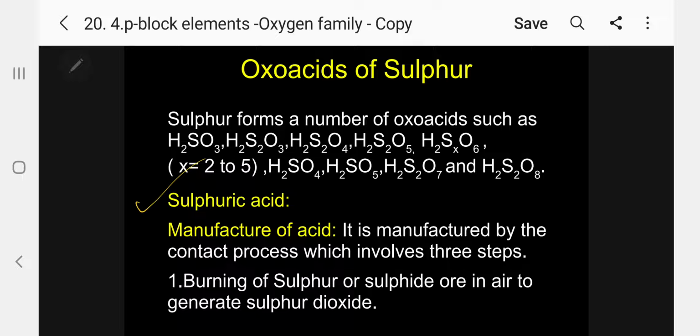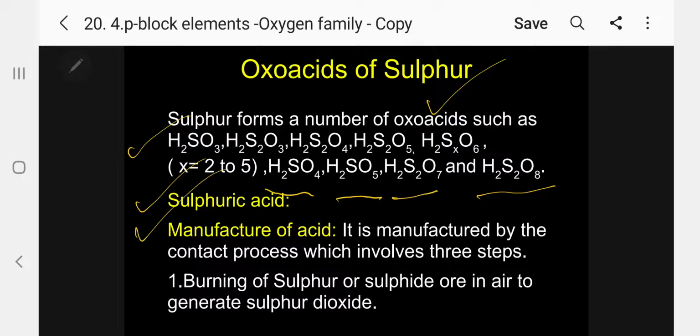Sulfur forms a number of oxo acids such as H2SO3, H2S2O3, H2S2O4, H2S2O5, H2SxO6 where x equals 2 to 5, that means sulfuric acid, peroxomonosulfuric acid H2SO5, H2S2O7 and H2S2O8. Commonly used in the laboratory is sulfuric acid, which we are going to discuss here.